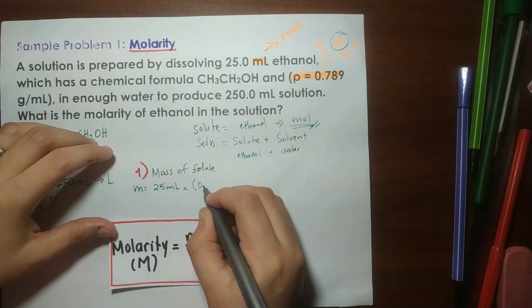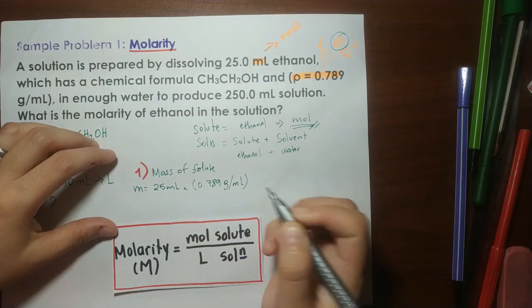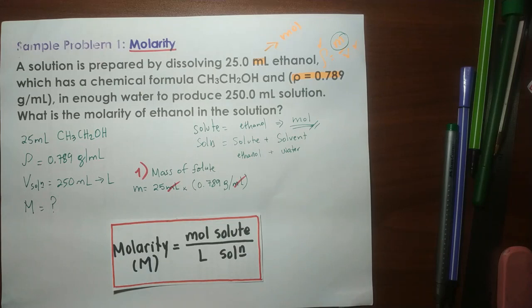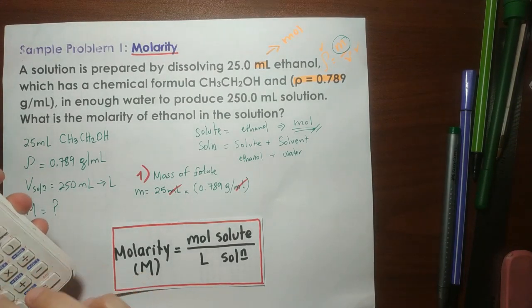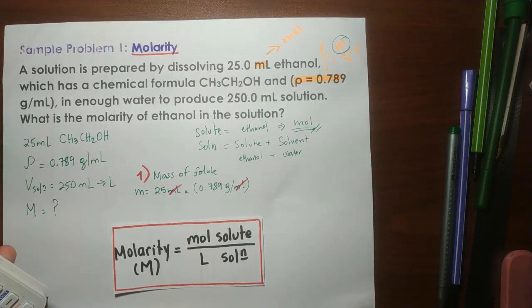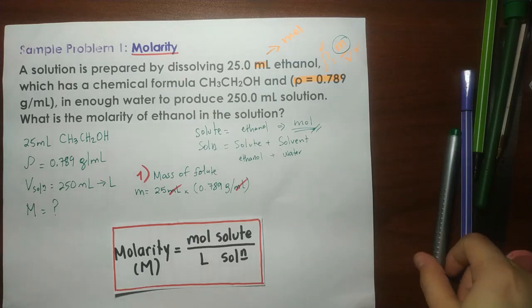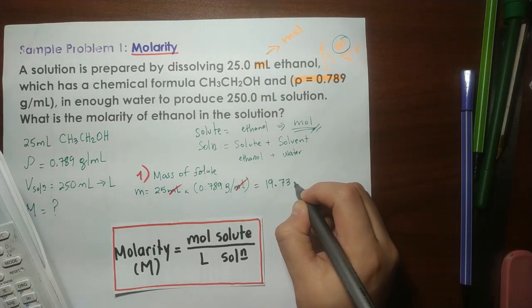The density is 0.789 gram per milliliter. So take a look here. As I have milliliters and milliliters, they're going to be cancelled, and I use the calculator. So I have 25 times 0.789. I have a mass equal to 19.73 grams.